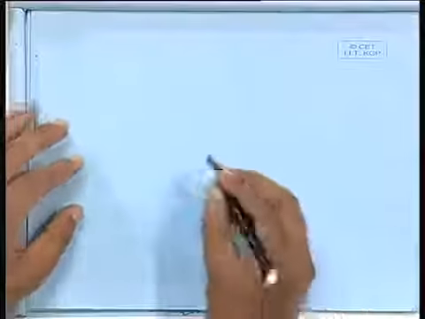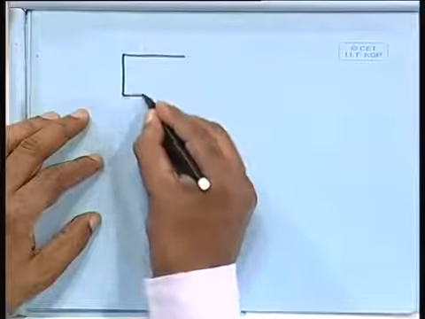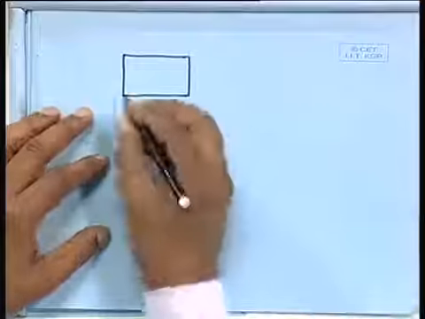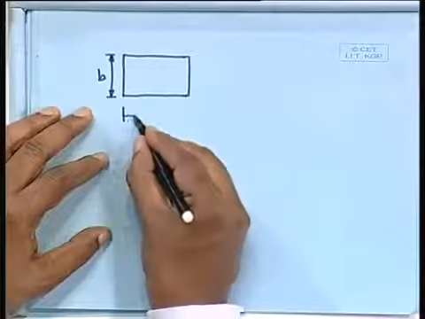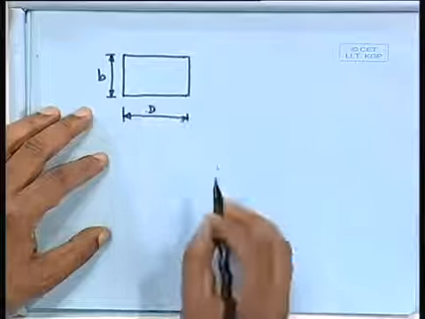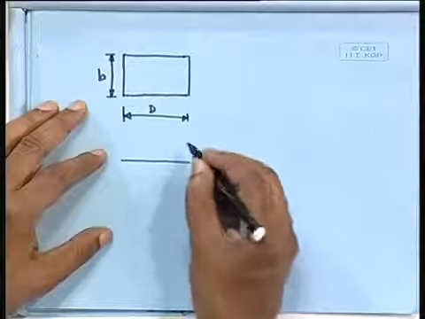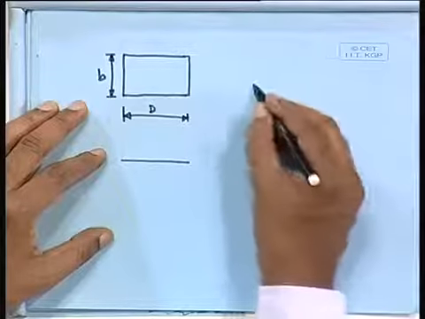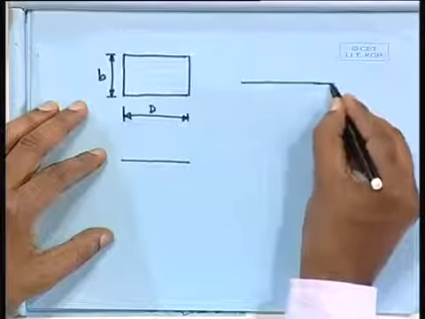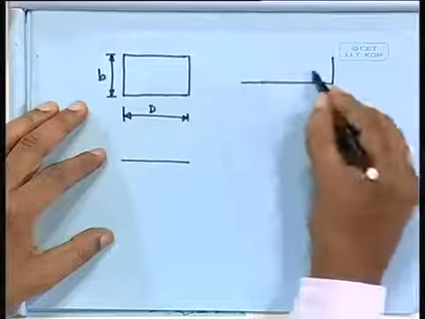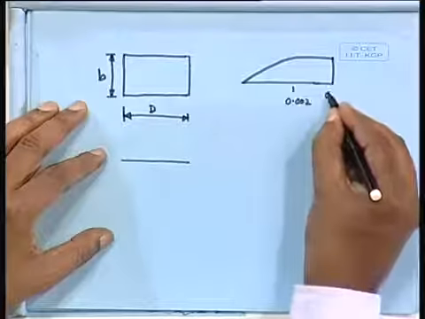In that case, if we come back to the strain diagram, so this is your B, D. I have told that somewhere, if we draw the diagram, we have somewhere 0.002 and 0.0035.